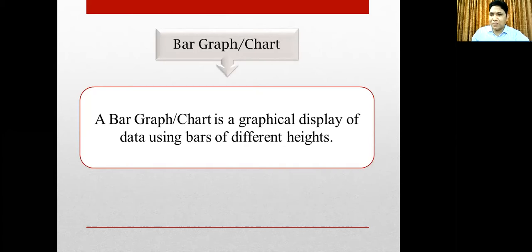First one is bar graph or bar chart. You see, a bar graph or chart is a graphical display of data using bars of different heights.